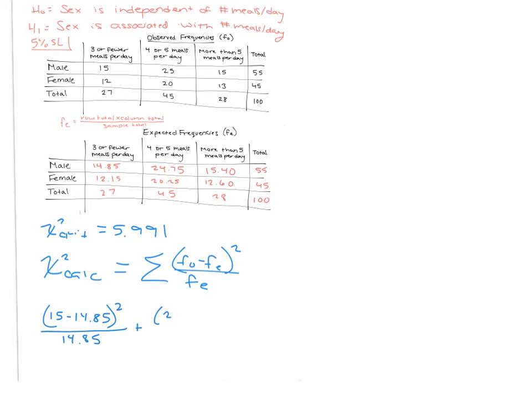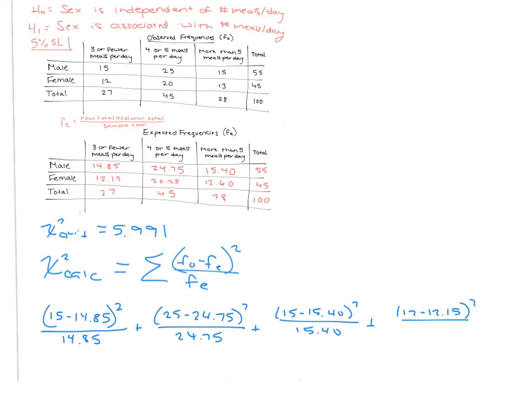And then we're going to do that again for the next observed and expected value. So that's 25 and 24.75, squared and divided by the expected value. Then the next one, 15 minus 15.40, squared and divided by the expected value. And the next one, which is 12 minus 12.15, squared divided by the expected value.